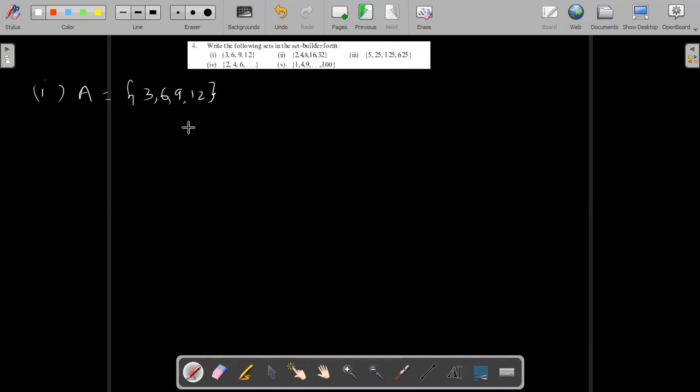This is looking like natural numbers, correct? These are natural numbers, and this is also a multiple of 3.